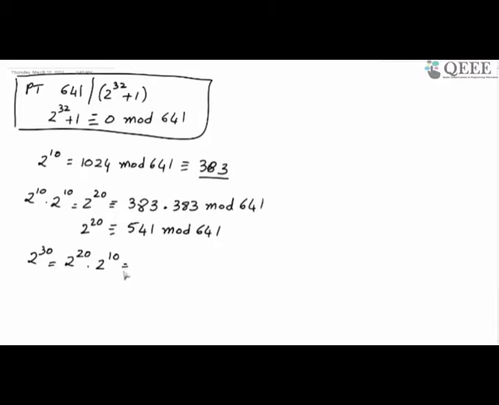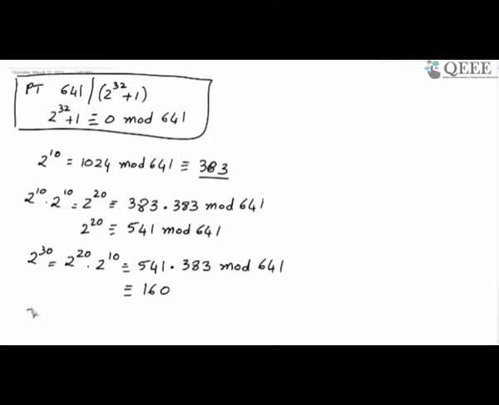So this is congruent to 541 into 383 mod 641. You can go back and verify all of these numbers with a calculator, and you'll see that if you multiply these two and divide by 641, the remainder is 160.